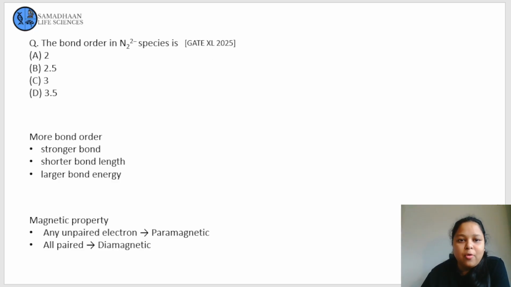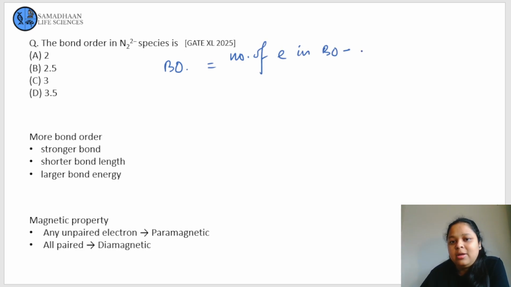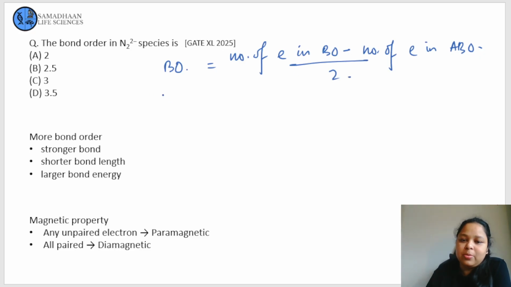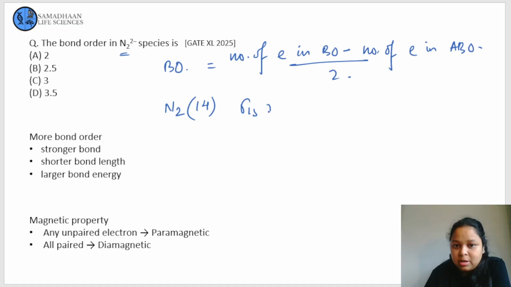Now let's solve the bond order, which is the most commonly appearing question in your GATE exam. To calculate the bond order, we have to calculate the number of electrons in bonding orbitals minus the number of electrons in antibonding orbitals, divided by 2. So in the original species, the neutral species, the atomic number is 7, total number of electrons is 14.